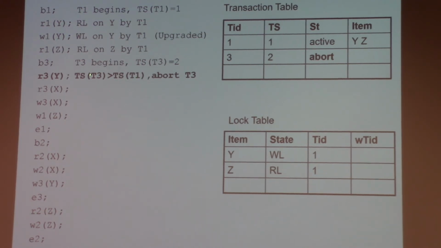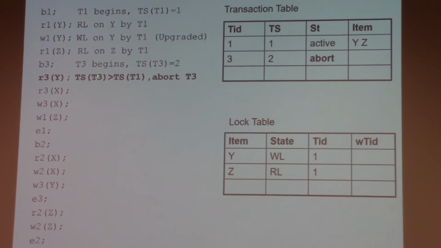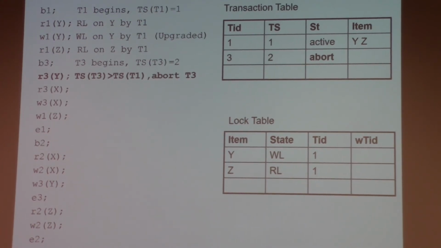The timestamp of T3 is bigger, meaning younger, so the younger one will be aborted to avoid a deadlock situation in the future. Not always a deadlock, but it may cause one. So we will kill this one. At that time, update the state to abort, and update the lock table, and then this one is over.